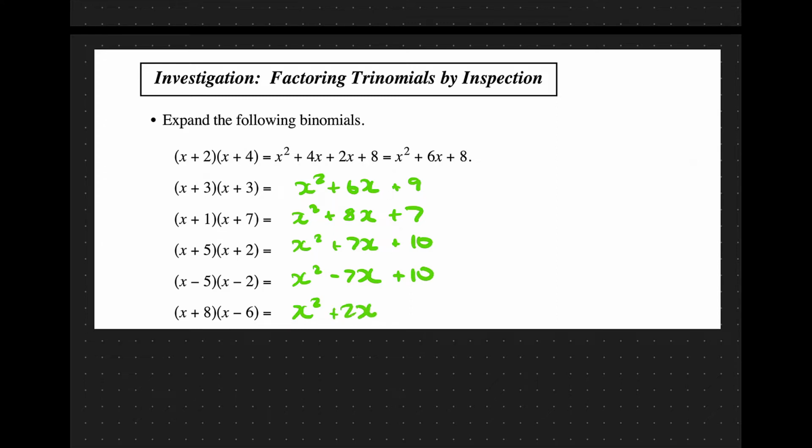And I'm still going to multiply the last two terms, which is 48, but because the signs are different, there will be a negative sign placed at the end there between the last two terms.